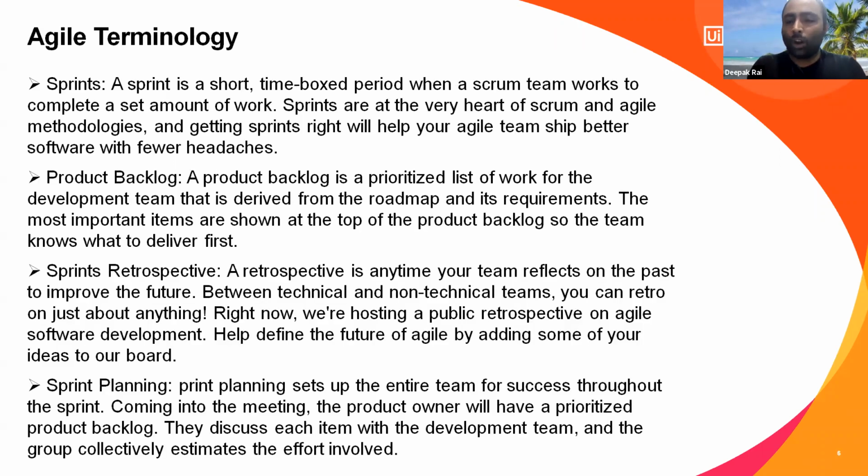When we talk about Agile terminology, there are many things, but I have covered some of the points here so that you can understand well when I jump into the Agile tools like JIRA and Rally. A sprint is a short time-boxed period where the Scrum team works on a set amount of work. In some organizations, sprint duration is 15 days.